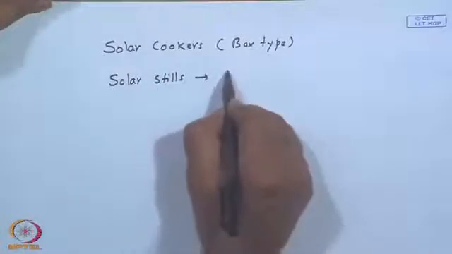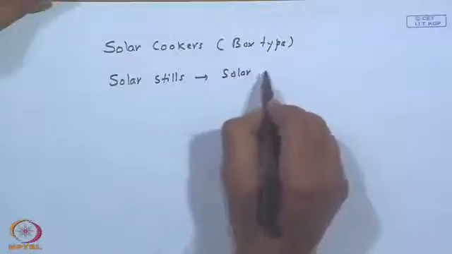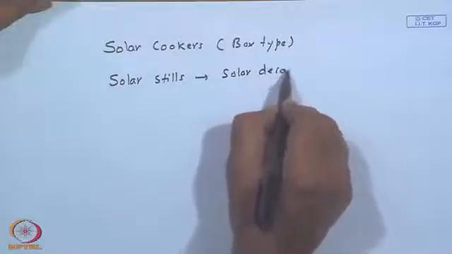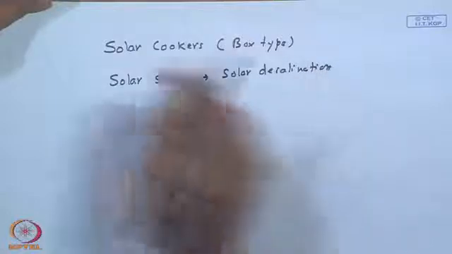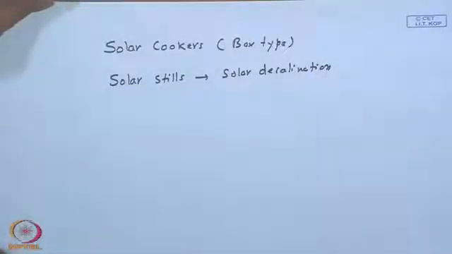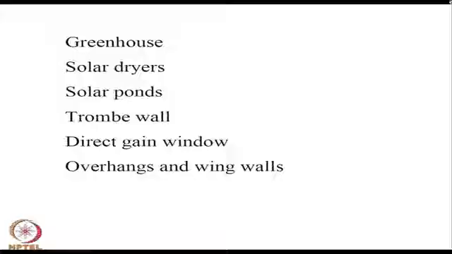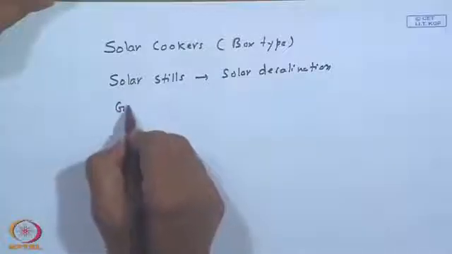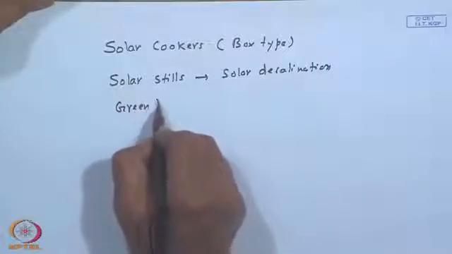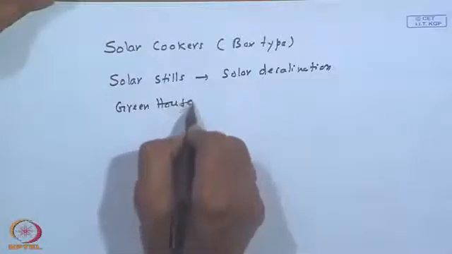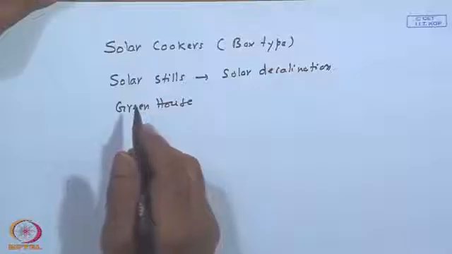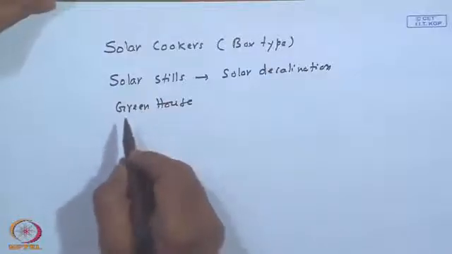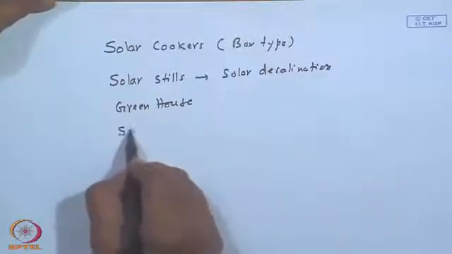This is basically solar desalination. You may have n number of ways of doing it, including a reverse osmosis process. Greenhouse. This need not be used only in the derogatory term that this is a greenhouse effect and the climate has become hotter. Solar dryers.